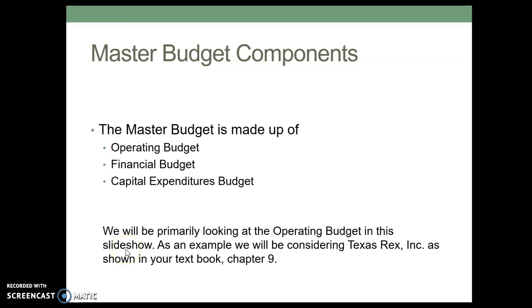In this slideshow, we'll mainly be looking at the operating budget. And then we have separate videos on the financial budget that deals with the cash budget. And when we get into Chapter 12, we'll deal with the capital expenditures budget.